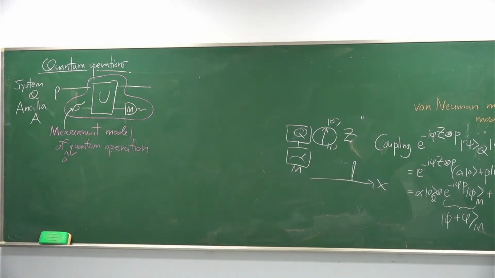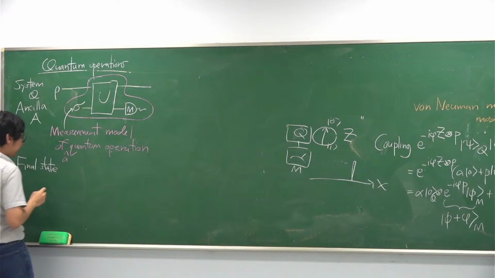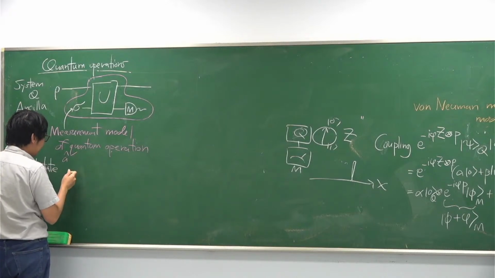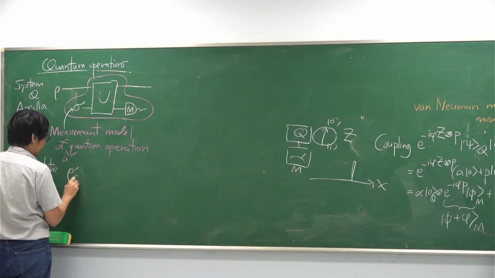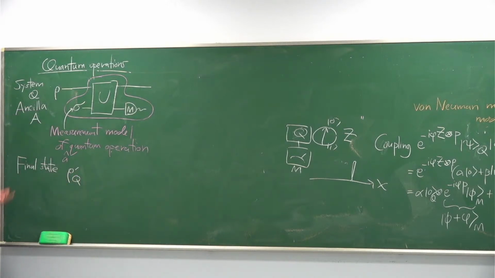So, okay, how can we describe this? Let's try to describe the transformation to the final state of the system. The transformed one is just denoted by a prime here. Okay, so what is this?